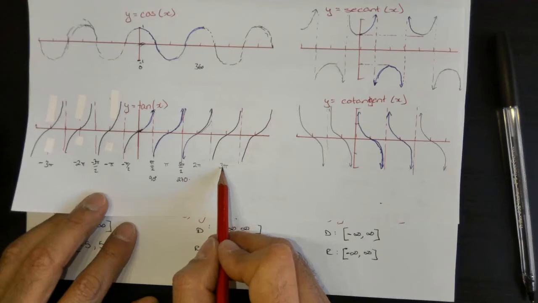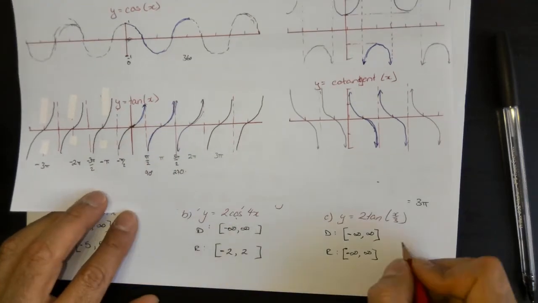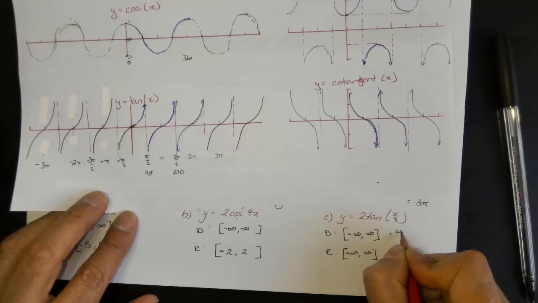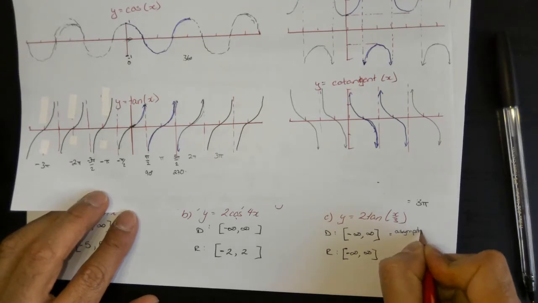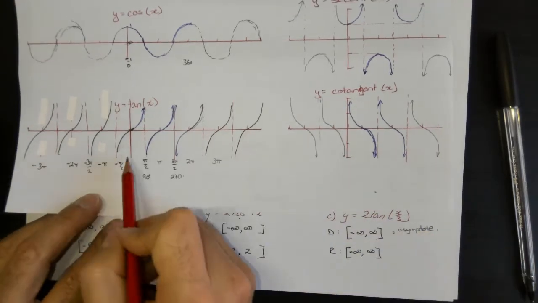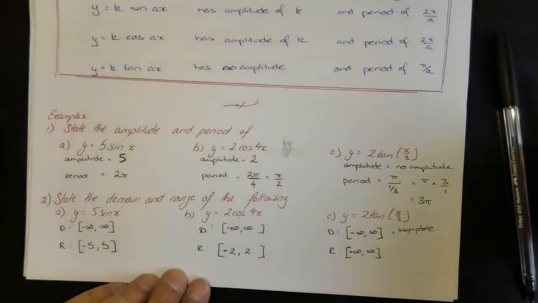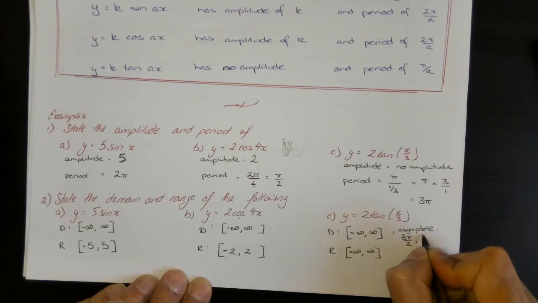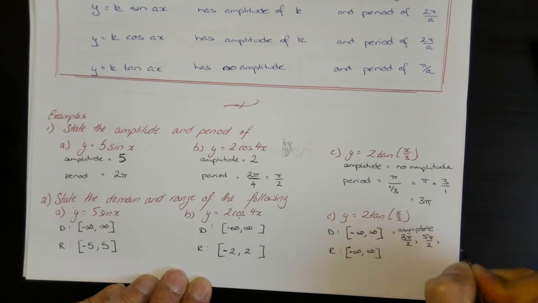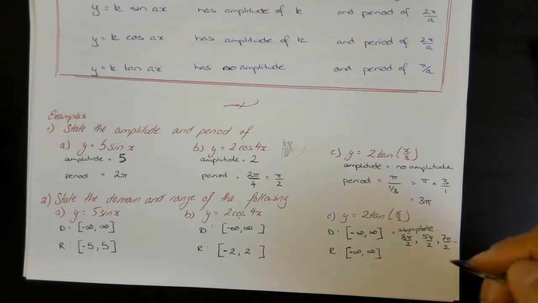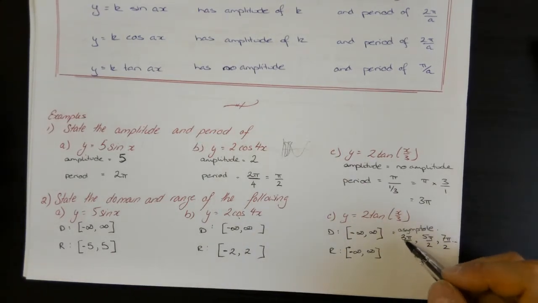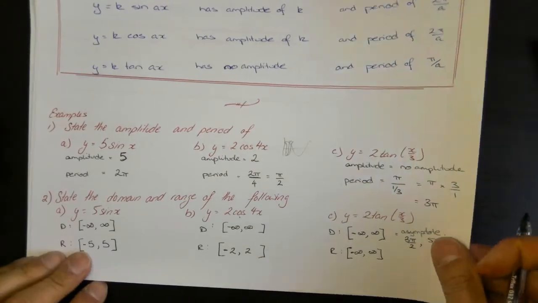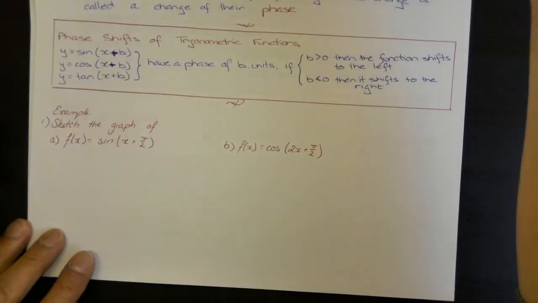So half of this will mean there's an asymptote, because it's split in half. So an asymptote at 3 pi on 2, 5 pi on 2, 7 pi on 2, and it continues on. So at any odd multiple of pi on 2, there will be an asymptote. Okay.